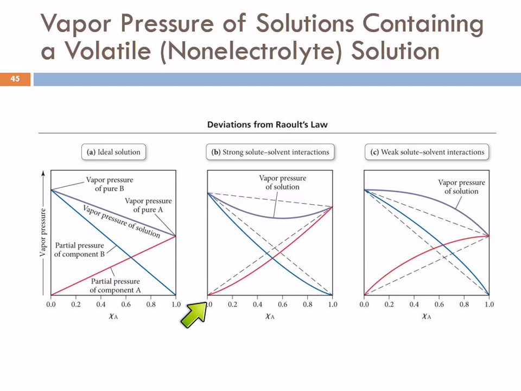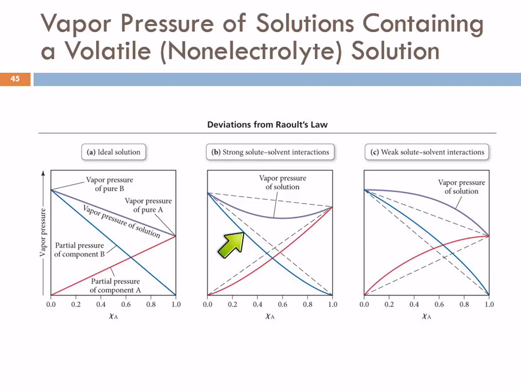So when there are strong interactions between the solute and the solvent, then we see a bowing in these lines, and it goes below what is expected. So the vapor pressure of component A is lower than expected, except where the mole fraction is 1 and the mole fraction is 0. Because at that point you have a pure substance, either A or B, and there's no interactions.